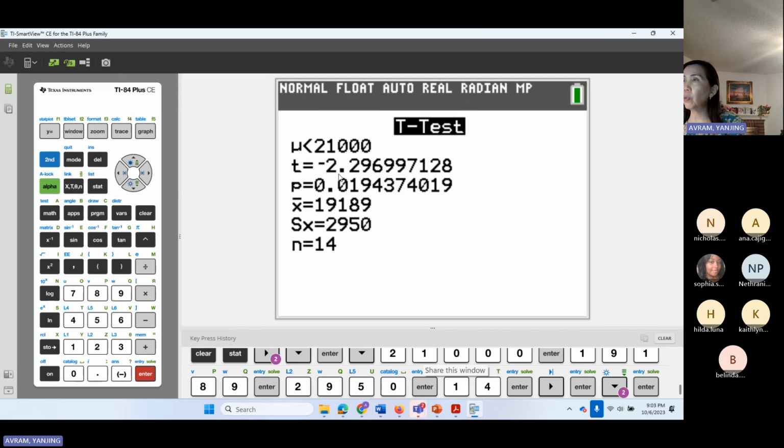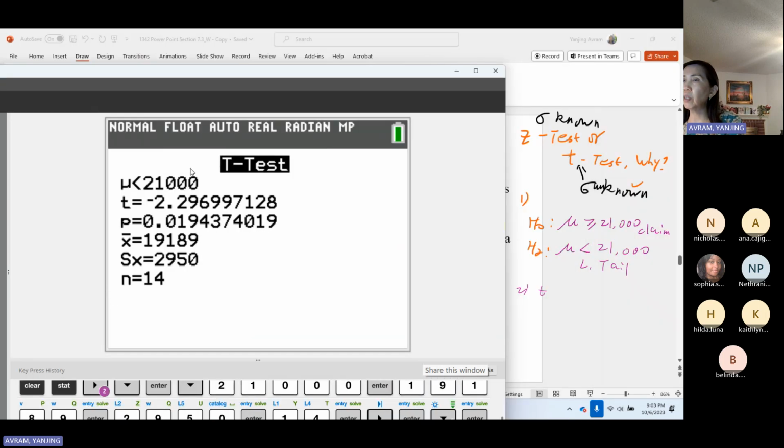Look at this one right here, your t-value. If I ask you for the t-value, we round to 3 decimal places usually for the t. So the t-value is negative 2.297.